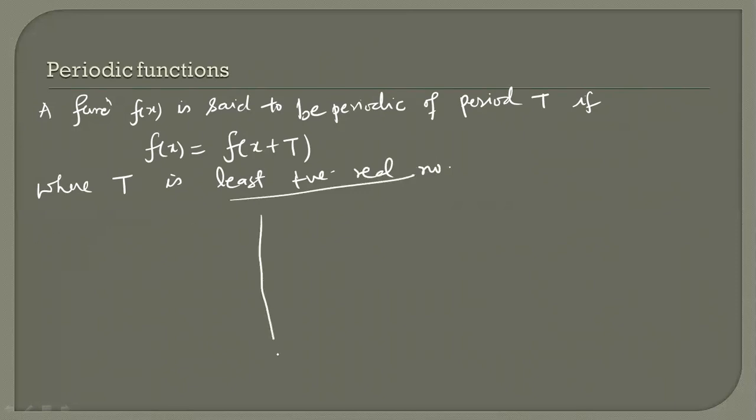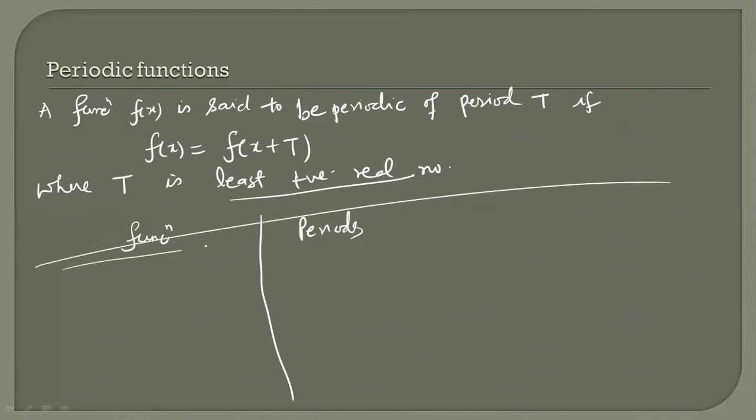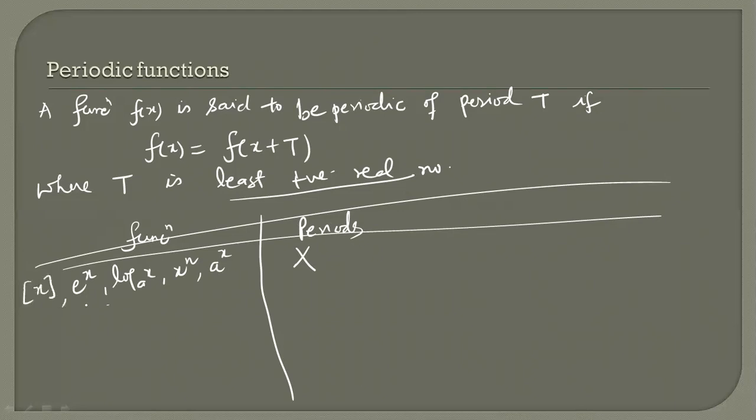Some of the important functions. Periodic functions means the graph of the function is repeated after some time. Functions and their periods: e to the power x, log x, x to the power n, a to the power x are not periodic. Greatest integer x is also not periodic.